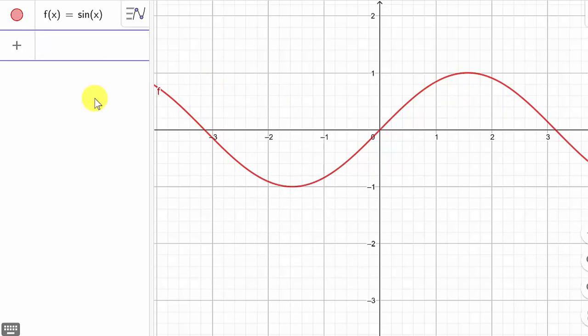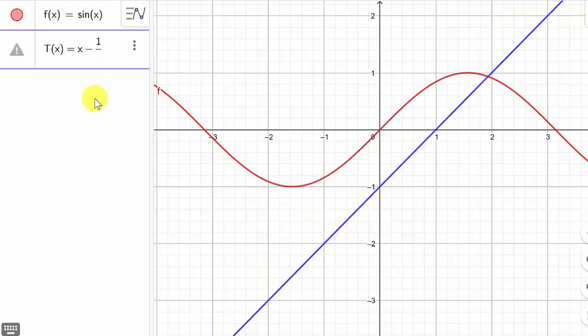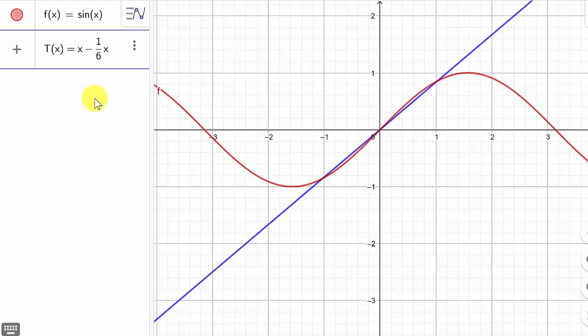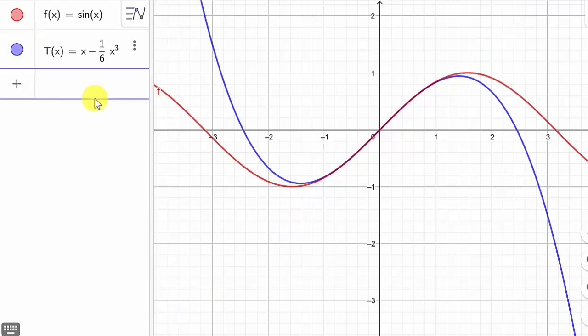We found t sub 3 of x. So that's t of x is equal to x minus 1 over 6 x to the third.